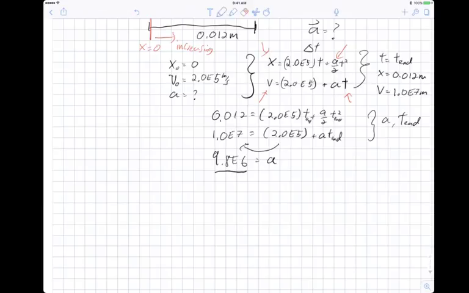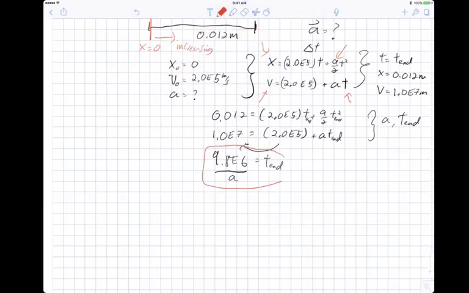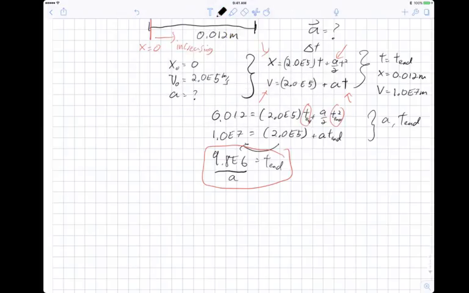Let's solve for a first, and then we substitute this in for these.